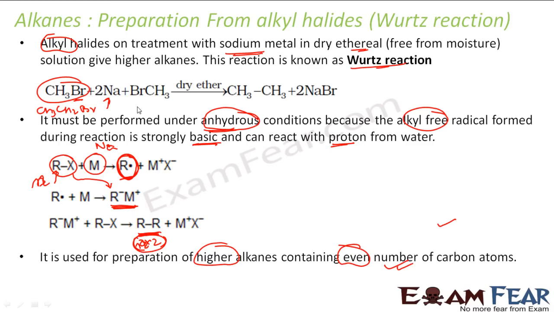Understand this is called the Wurtz reaction, where you use sodium and dry ether to make sure everything is dry, and then sodium will form this free radical, ionize the alkyl, and then the alkane will be formed.